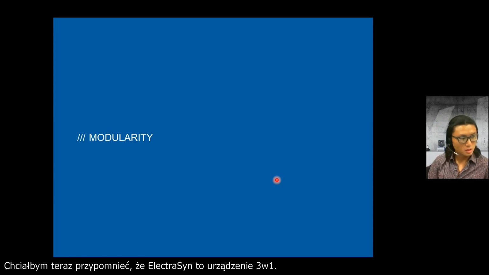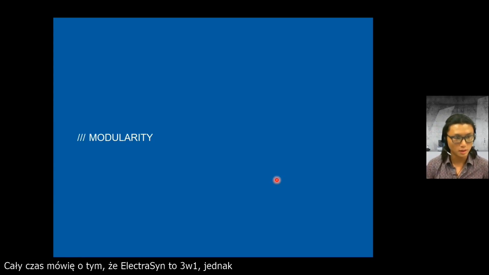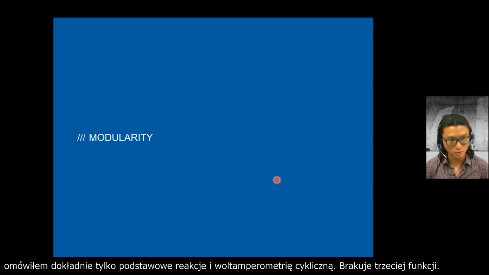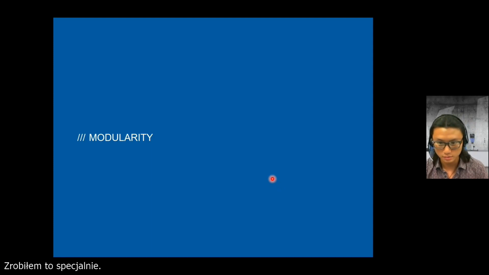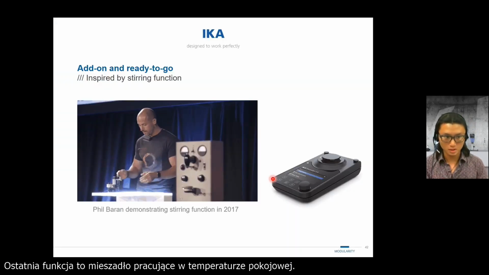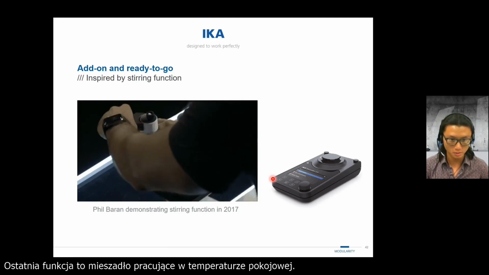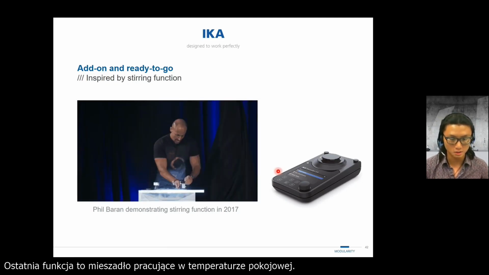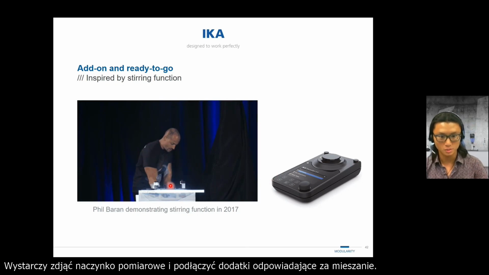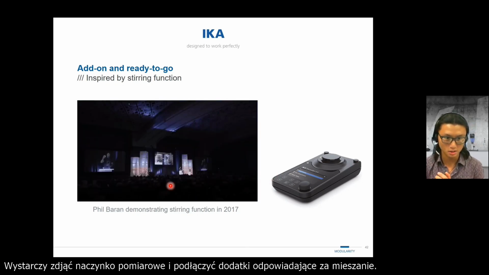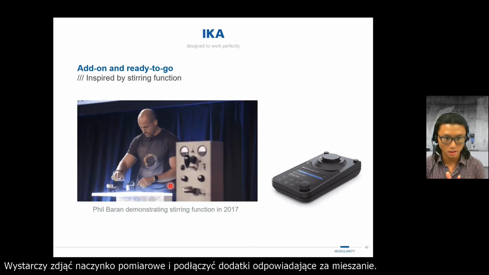So at this moment, if you recall, Electrocyn is 3 in 1. I keep saying Electrocyn is 3 in 1, but we only covered reaction and cyclic voltammetry. There is one missing part, and I did it on purpose. The last one is a room temperature stir plate. You simply take off the single vial attachment and put the stir plate accessory attachment on the device.